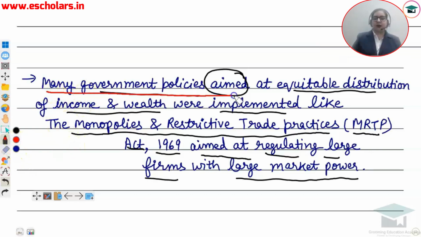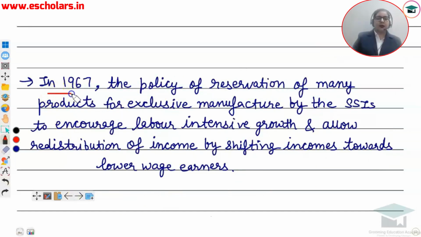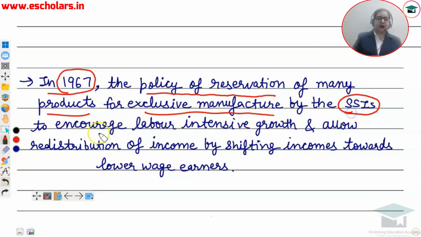Many government policies aimed at equitable distribution of income and wealth were implemented, like the Monopolies and Restrictive Trade Practices, that is the MRTP Act 1969, aimed at regulating large firms with large market power. Next, in 1967, the policy of reservation of many products for exclusive manufacture by small-scale industries.